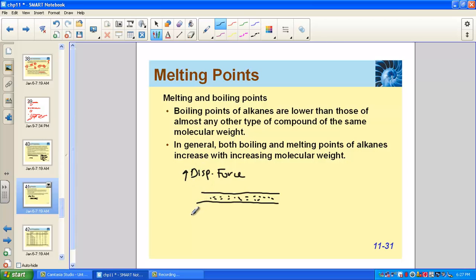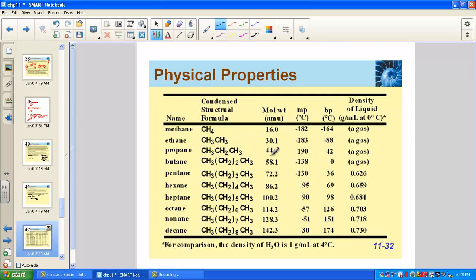And since it is typically the only type of intermolecular attraction, we see that the boiling point and melting point actually increase with the length of the chain because the dispersion force increases. The heavier the molecule becomes, the more energy it takes to separate those molecules from the liquid to the gaseous form. And this indeed is provided as evidence here in this chart called Physical Properties.